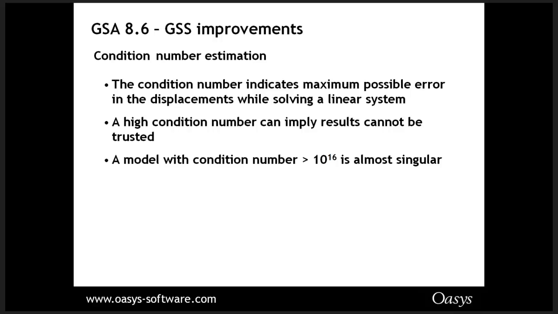This is a new feature we've added in 8.6, so you might not have seen these warnings in 8.5. Some users have reported that their models that were running fine in 8.5 have suddenly started giving errors in 8.6, and that's just because we didn't have this check in 8.5. But in 8.6, if your model is ill-conditioned, it will tell you that it is.